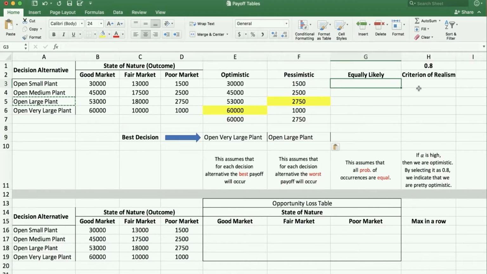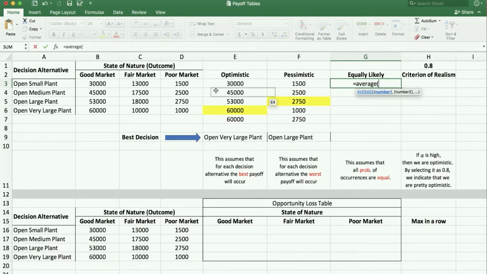Next up is the equally likely approach. In this case, it is a fairly simple approach. All you need is to use the average function on Excel and find the average of the payoff values for each decision alternative.